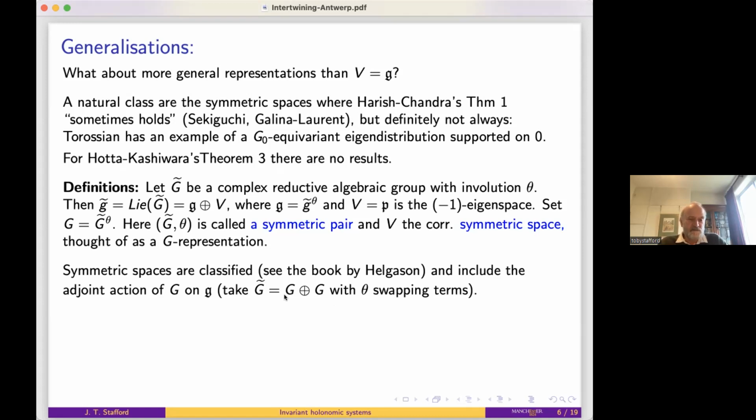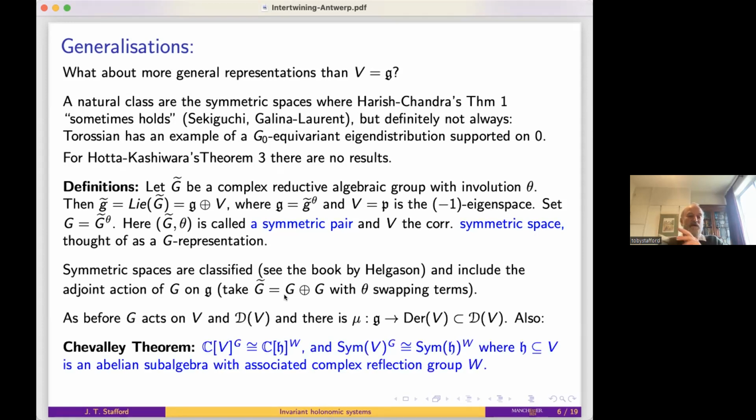Then all the basic notation that I've introduced before goes through to this situation. The action of G on V induces an action on D(V). Differentiating that action, you get a map from the Lie algebra to the derivations on V. And crucially, the Chevalley isomorphism still holds.